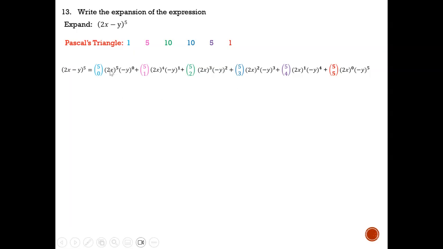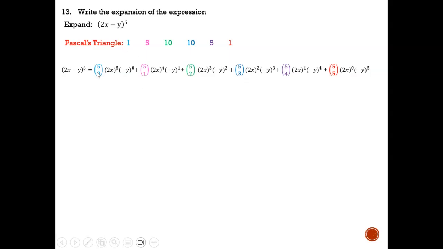From the formula, this is like a and b, so this will be 2x and negative y. You will notice 2x, negative y, for each term. But you start with 5, and the bottom part in the combination always has to match this part here. You see, 0, 0, 1, 1, 2, 2, 3, 3, 4, 4, and 5, 5. That's crucial to know, guys, okay?